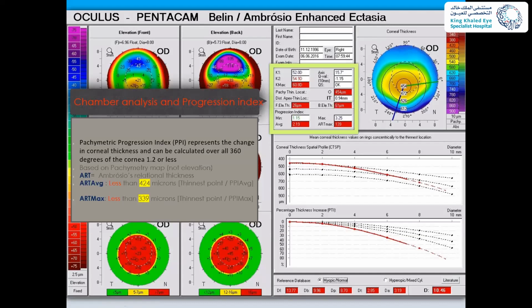In general, if the average is less than 424 micron, or the maximum is less than 339 micron, it is fine. Anything more than that is abnormal. Again, you don't need to remember it. And this probably is the most important map if you are doing a post-LASIK ectasia workup or your refractive surgery workup. But again, it will tell you if anything is in red, it will be suspicious, or abnormal.